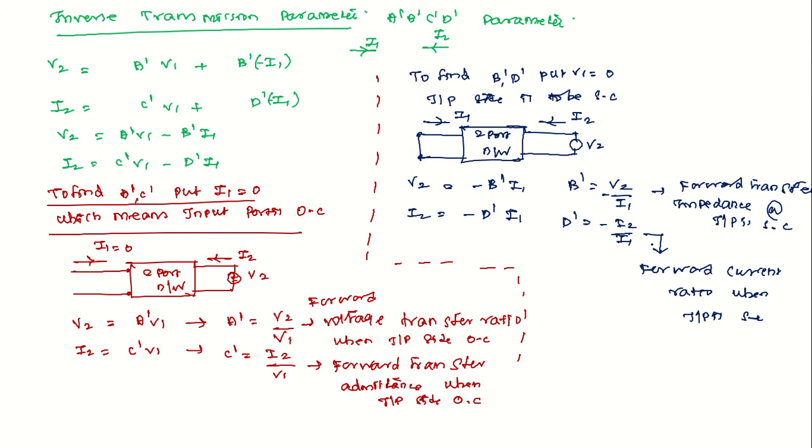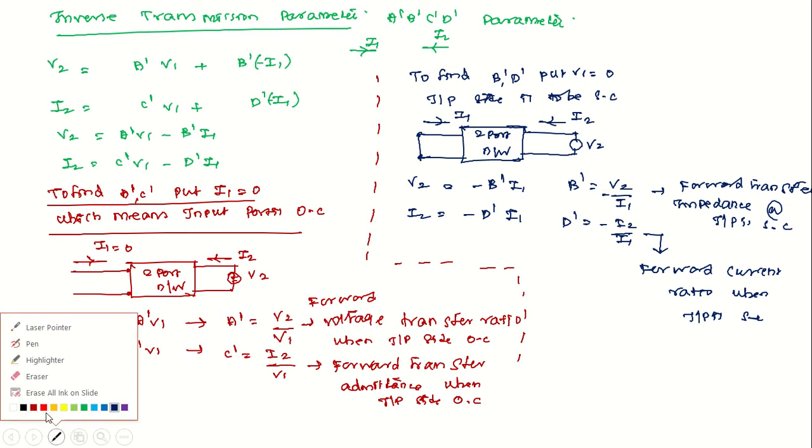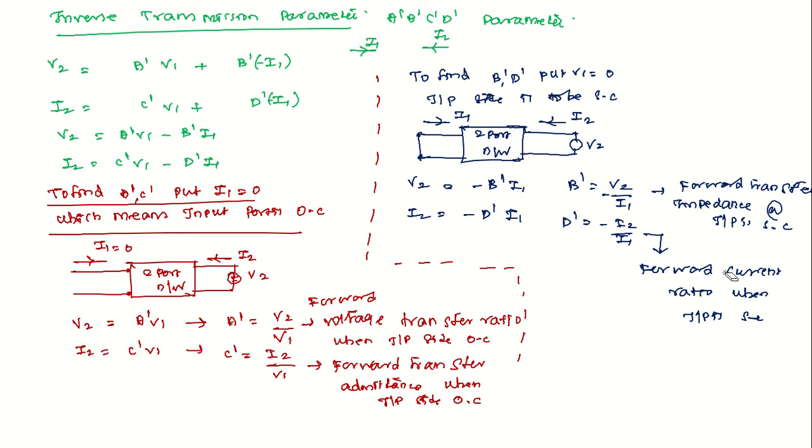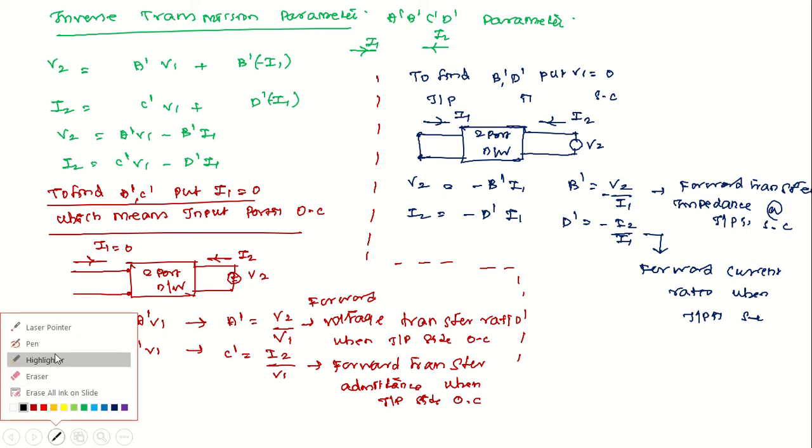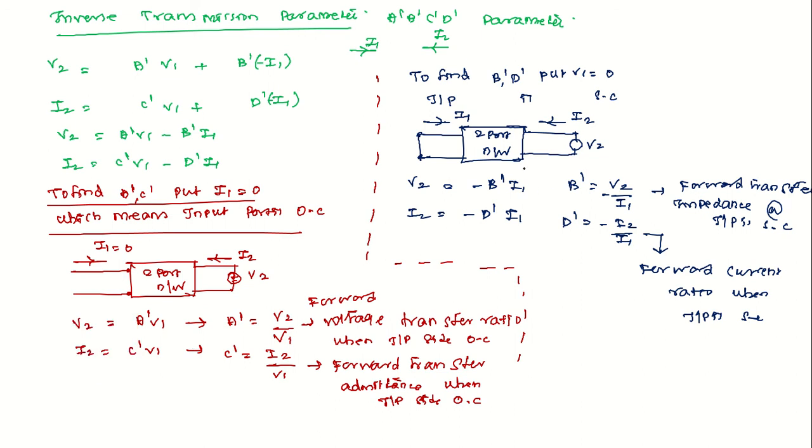These are a few things that should be kept in mind to name the values of A dash, B dash, C dash and D dash. I hope you all have understood the concepts of the parameters we have discussed: ABCD and A dash, B dash, C dash and D dash, called the transmission parameters and inverse transmission parameters.